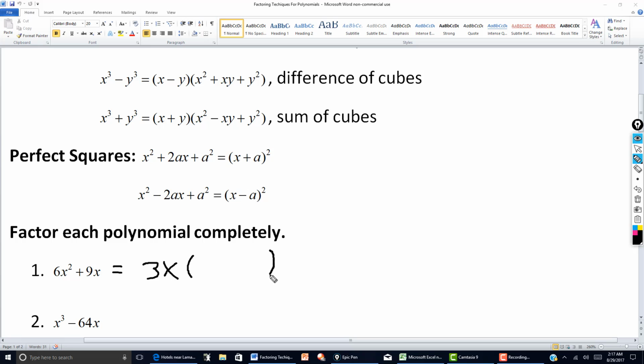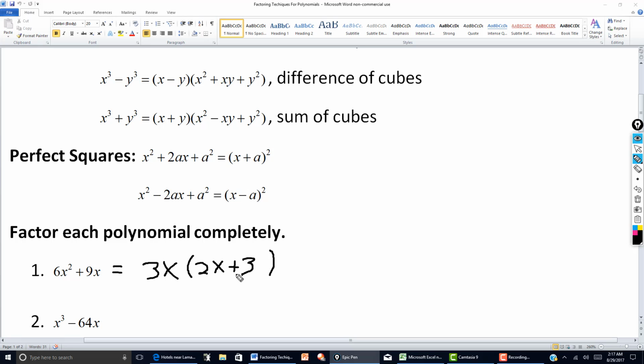Now what do we have left? We divide the 3x into the 6x, we get 2x. If we divide the 3x into the 9x, we get plus 3 here. And that's as far as we can go with that factorization.